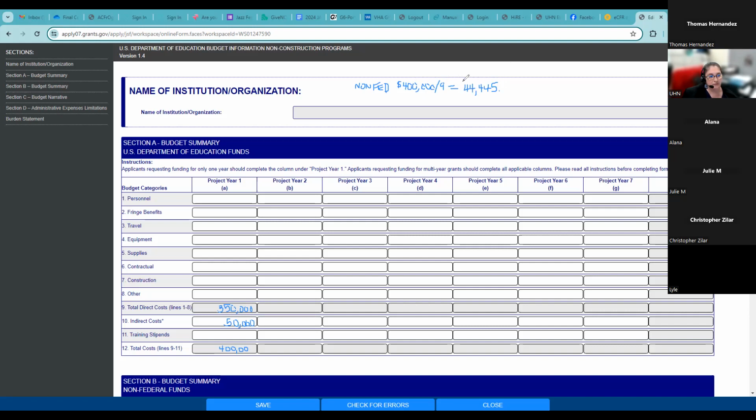So that number is the number you have to promise to match. So that's your non-federal, and this is your federal.